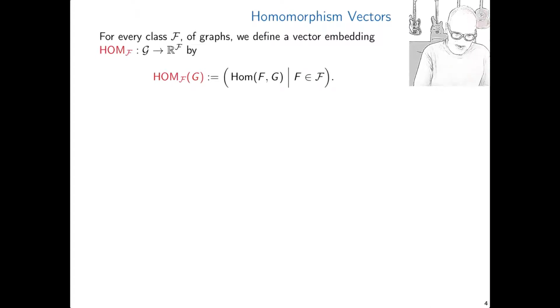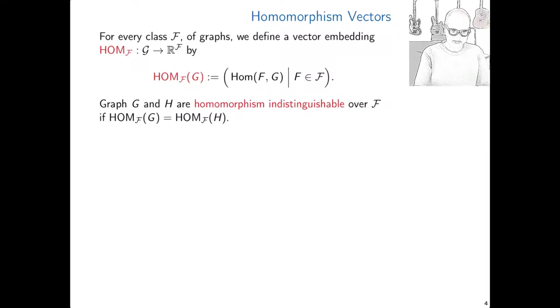Namely, if we have a class F of graphs, we can define a vector embedding, which I denote by hom_F, which maps the class of all graphs, so curly G is the class of all graphs, to a real vector space indexed by the elements of this class F, and it's defined by just listing all the homomorphism counts from graphs F in F to a graph G. So hom_F(G) is the vector with all the homomorphism counts as entries.